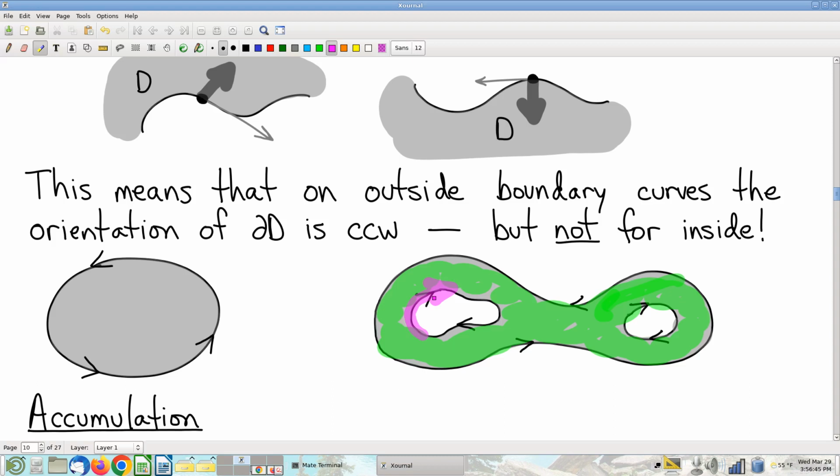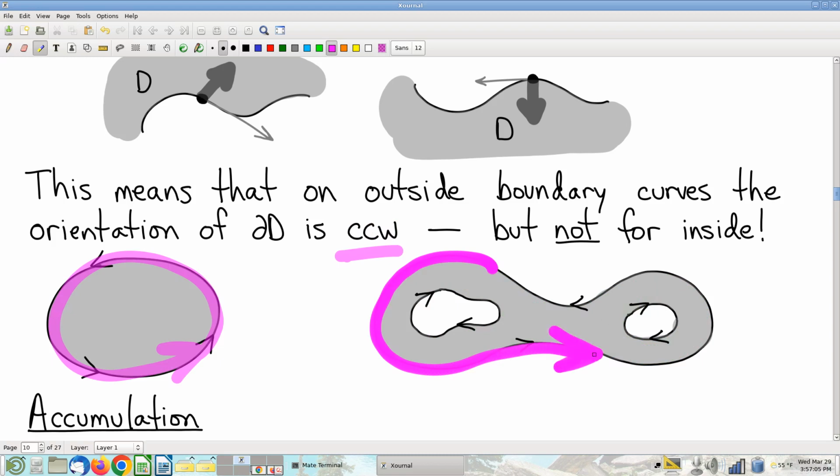And it's clockwise. So it's just not always true to say counterclockwise. You can make the observation, if you'd like, that this counterclockwise rule does always work on the outside portion of the boundary.